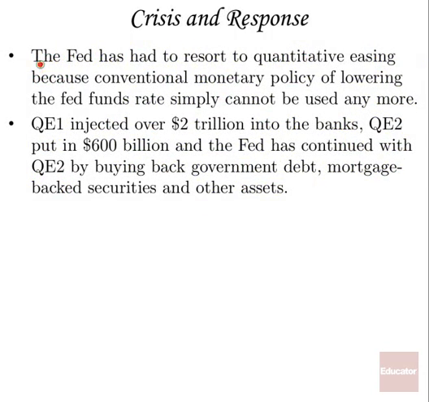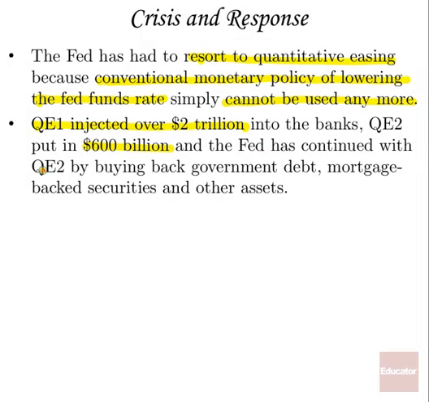So the Fed had to resort to quantitative easing, because the conventional monetary policy of lowering the federal funds rate or lowering the discount rate, dealing with government securities, simply cannot be used anymore, because our target federal funds rate has dropped down to 0%. So again, QE1 injected over $2 trillion into banks. QE2 put in $600 billion.